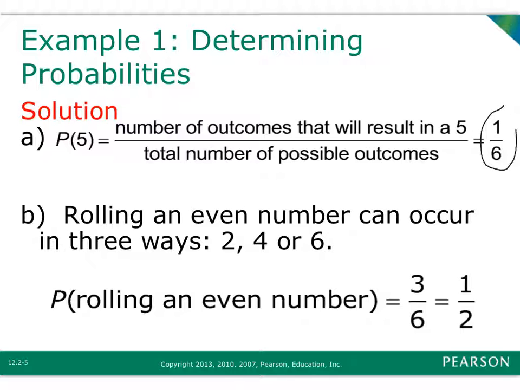For part B, rolling an even number can occur in 3 ways: 2, 4, or 6. So there are 3 possibilities out of 6. So rolling an even number is 3 over 6, which reduces to 1/2.